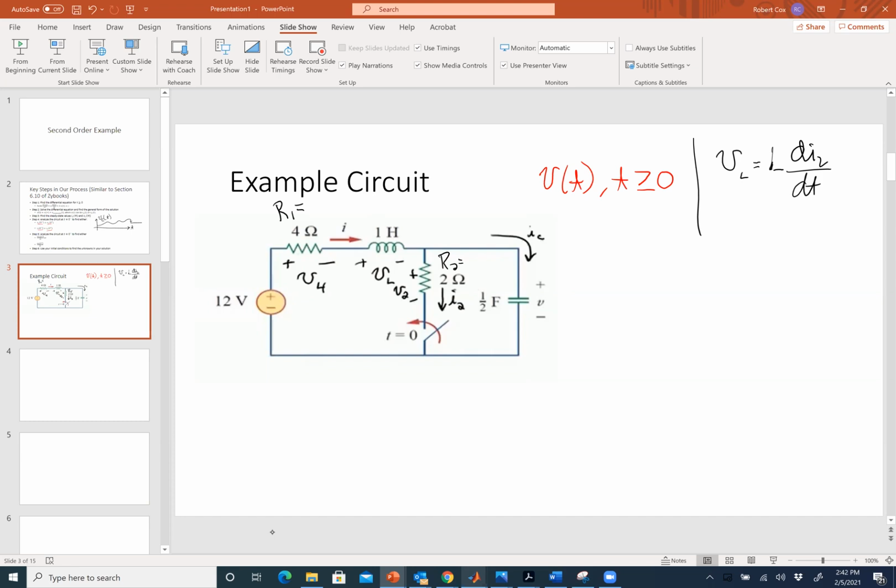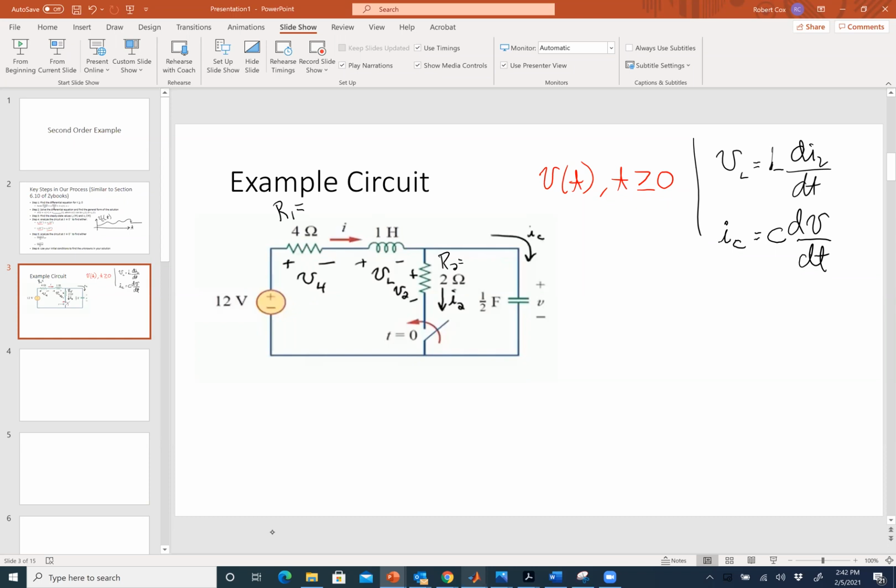And IC is C d voltage capacitor by dt. In this case, it's defined as V. So I have those relationships. At this point, there's nothing special about the capacitor voltage and the inductor voltage. There's no special things here like there would be in a series or a parallel circuit. I just have those 2 relationships.